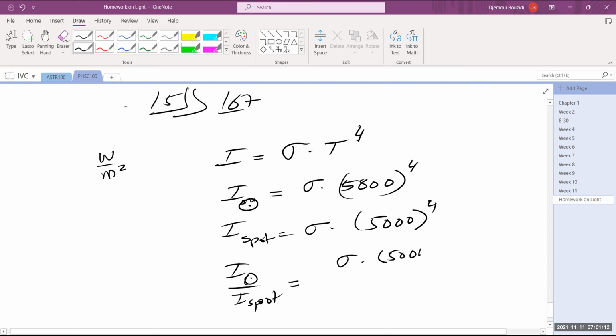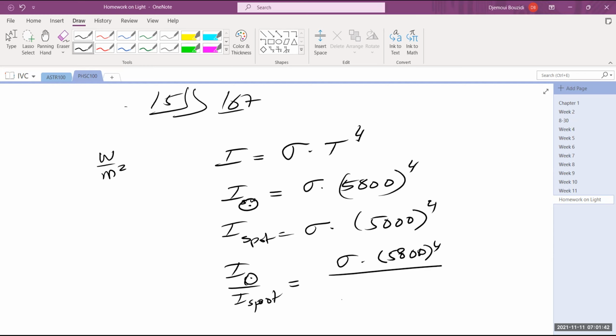That's why it's a good idea not to carry out the calculations, because the question was not asking you for the luminosity per unit area. It was asking you for the ratio of the two regions of the sun. So don't calculate either of them. You could. Sigma has a given value in there, 5.67 times 10 to the negative 8.